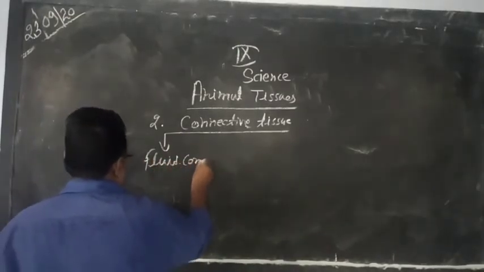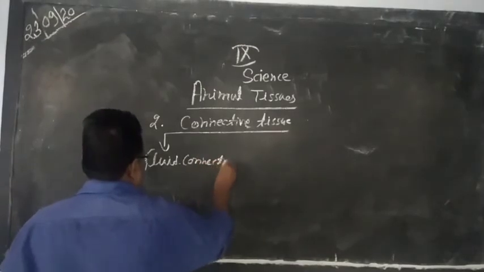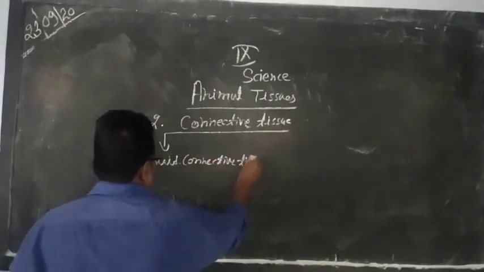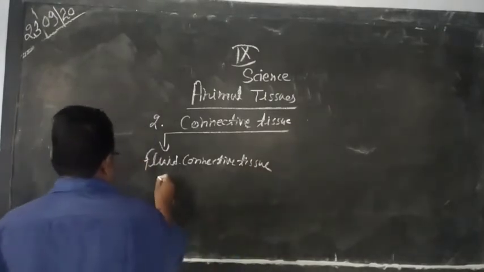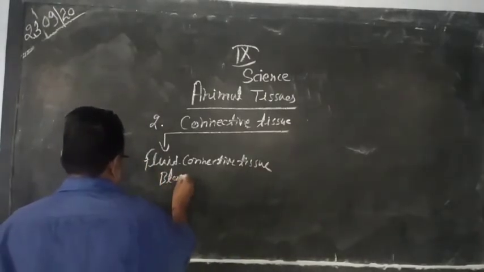The example of fluid connective tissue is blood.